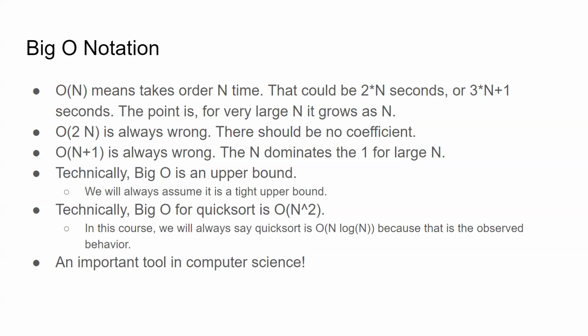But in this course, we're always just going to call it n log n, and we'll talk about why in just a minute. Anyway, big O notation is an important concept for computer science. You're going to hear it again and again and again. It's kind of your bread and butter if you're a computer scientist. So you need to wrap your heads around this basic information here.